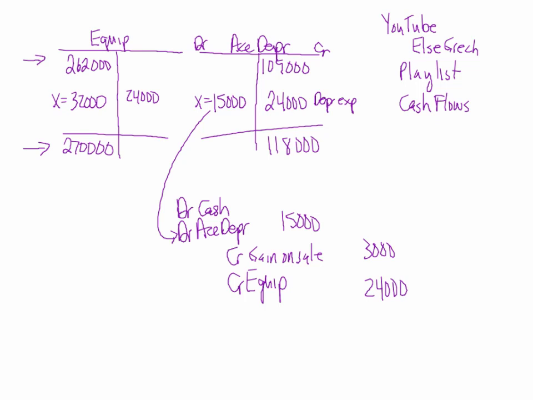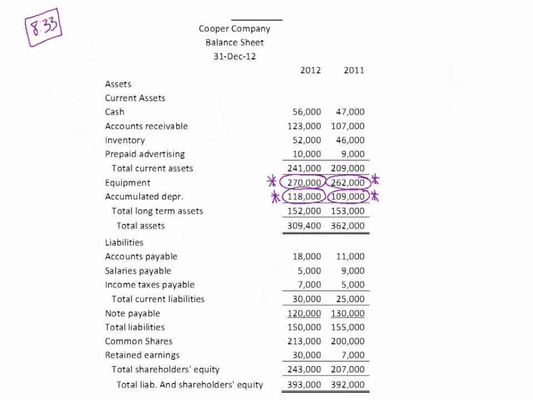Remember what the next step is after step 5. The step after step 5 is to denote the amounts. So wait one second. I need to do this. Okay, I need to do this for one second. This is Cooper Company.